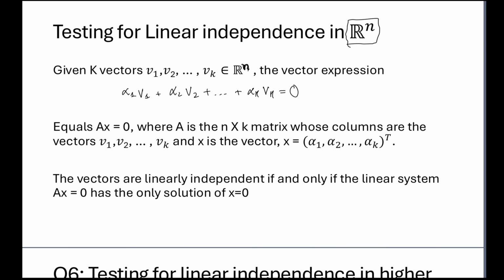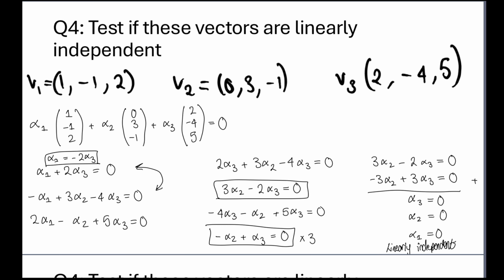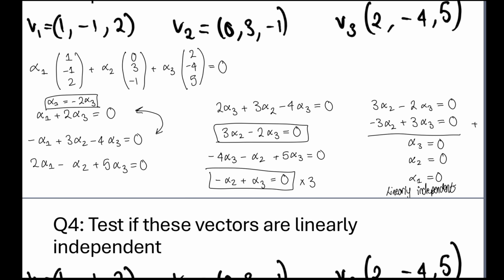And so testing for linear independence in high dimensions, it's much easier to use the echelon form of a matrix rather than solving a system of equations like this, as this is a much longer process.